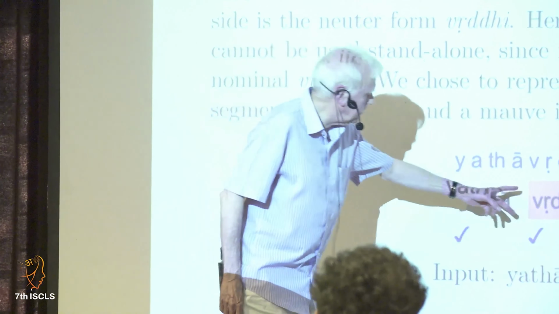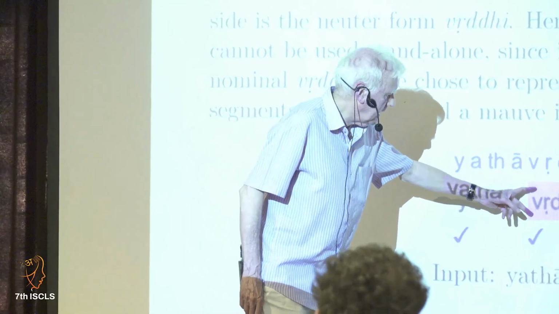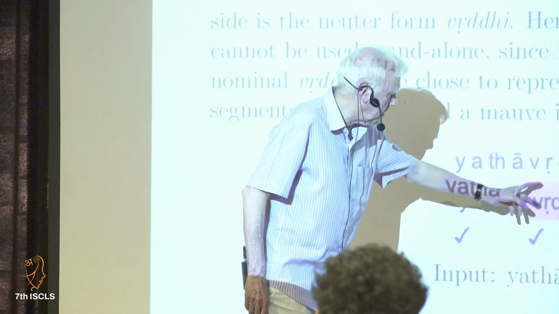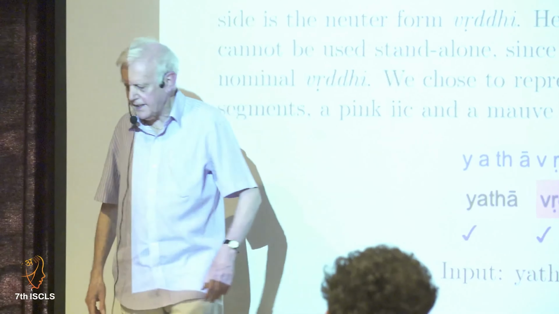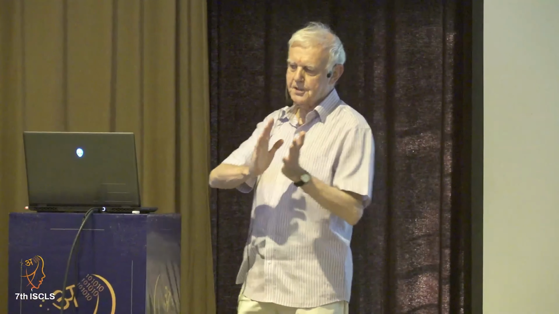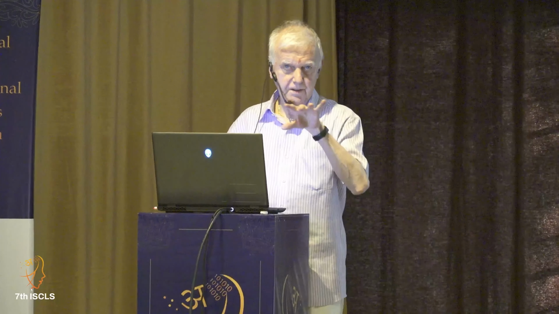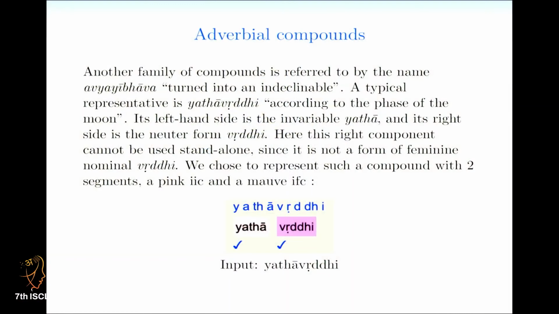And so I use the color of adverbs and indeclinables, purple. And for the IIC, I use some kind of pink. So it evokes compounding, but with slightly different colors. So you can spot that it's an adverbial. All these colors are not just to make the screen nice. It's to help you select the correct decomposition of the sentence.